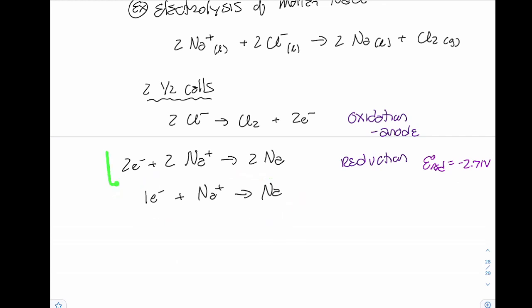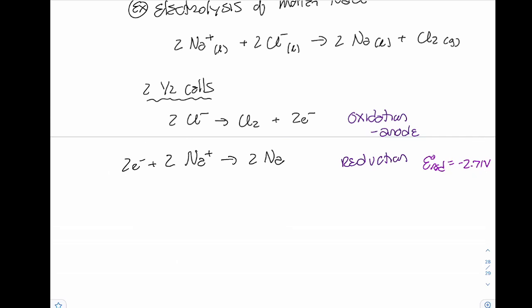When you multiply it by 2, it does not change this number at all. So the value of the cell potential does not matter what the coefficients are. Multiply by 2, by 10, cut it in half, it doesn't matter, as long as you have sodium plus liquid going to sodium liquid. This is its cell potential.